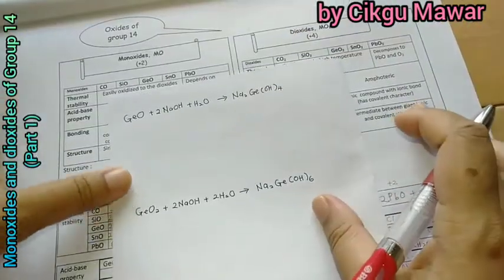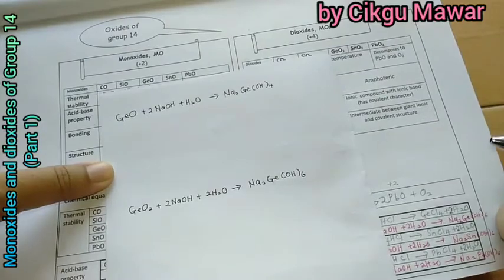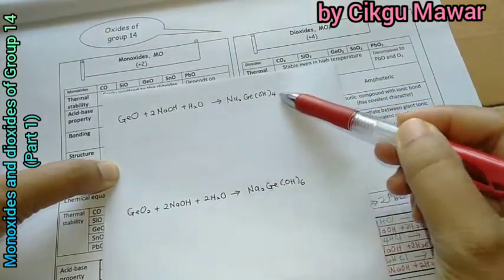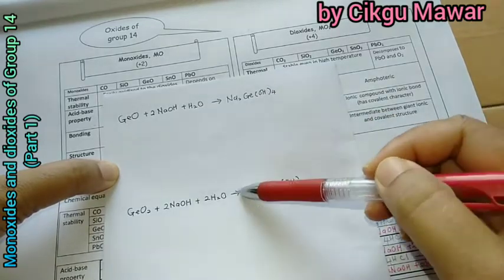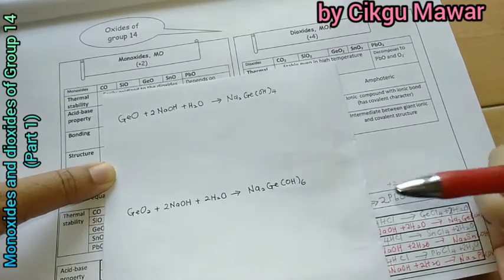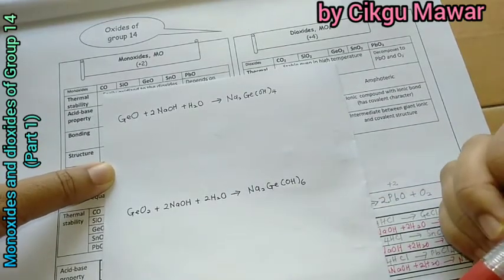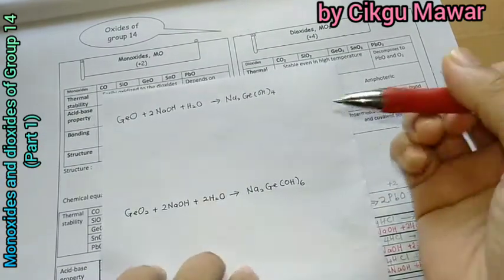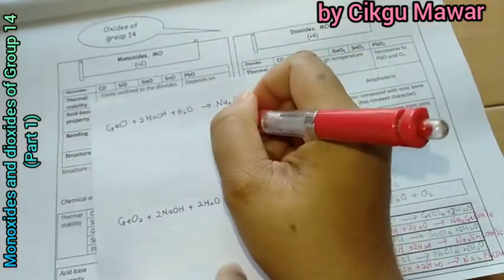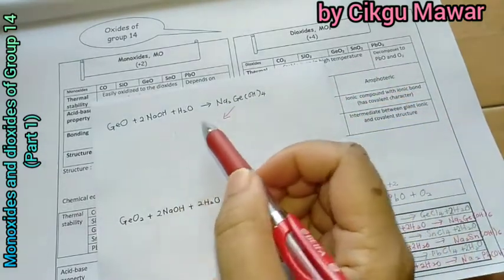Now I want to explain why group 14 elements can form complex compounds. This we call a complex compound, which we will learn about in detail in the transition element chapter. Now I want to explain a little bit. So if you can see here, this is the example.